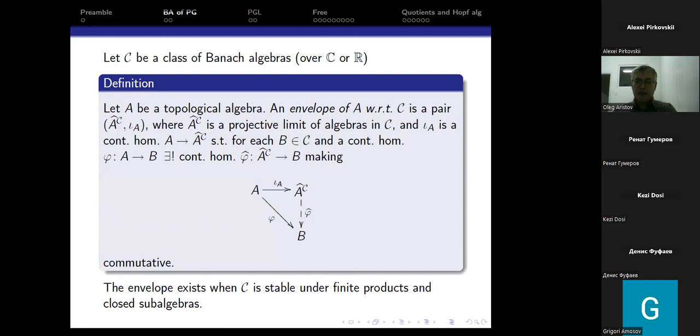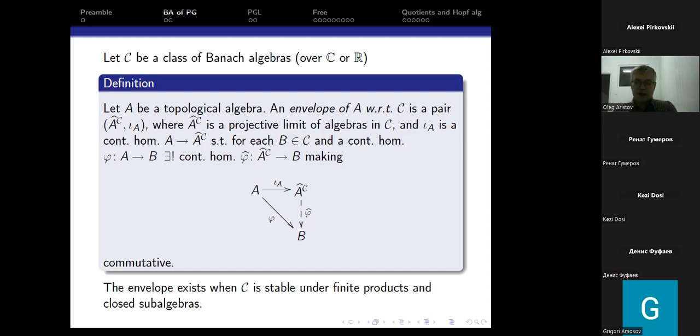So if you take a topological algebra A, then the envelope of A with respect to the class C is the pair of an algebra and a homomorphism, where the algebra A hat C is a projective limit of algebras in C, and the homomorphism is a continuous homomorphism from A to this envelope.